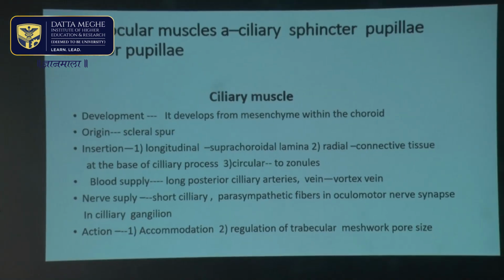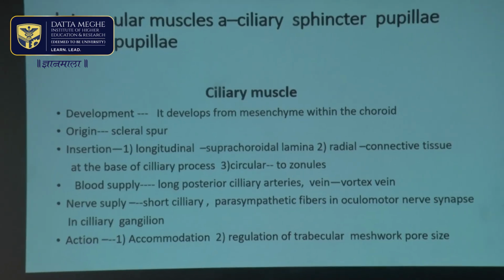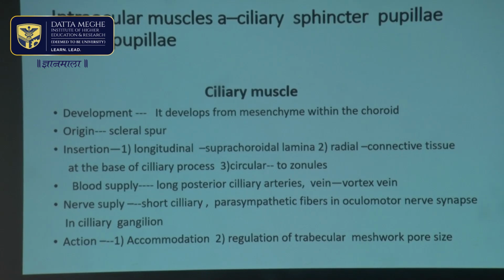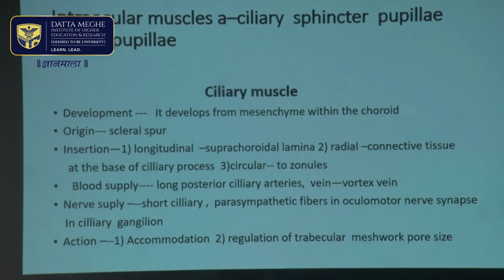The blood supply of the ciliary muscle is through the long posterior ciliary arteries, and veins drain into the vortex vein. The nerve supply of the ciliary muscle is the short ciliary nerves, that is, the parasympathetic fibers in the oculomotor nerve which synapse in the ciliary ganglion. The major role of the ciliary muscle is in accommodation of the eye and regulation of the trabecular meshwork pore size.